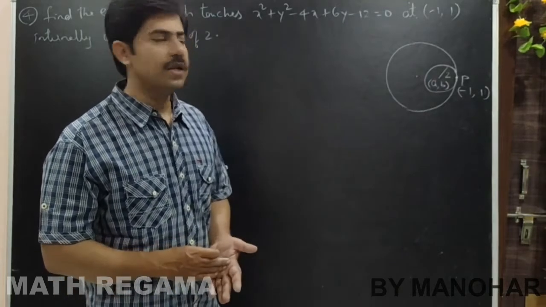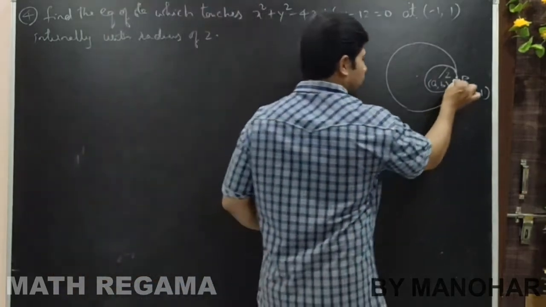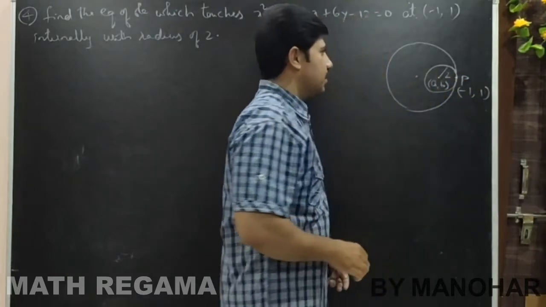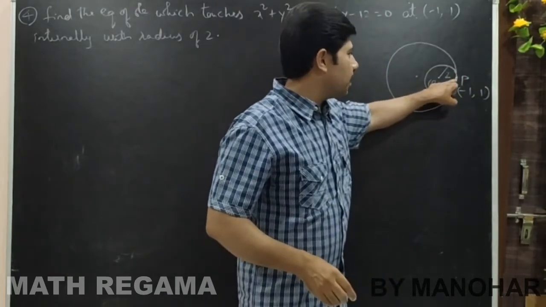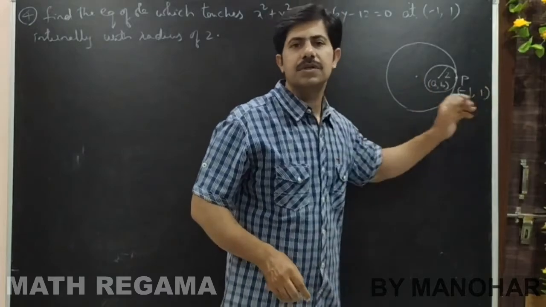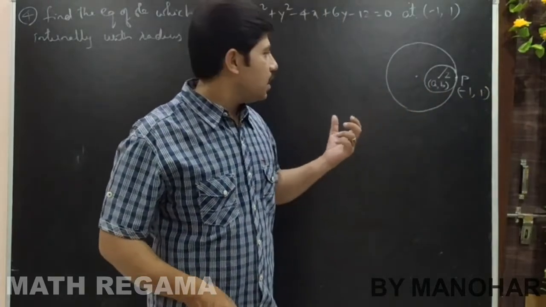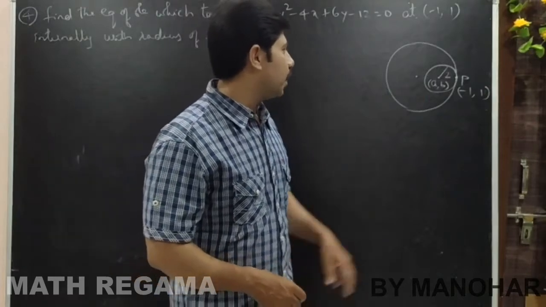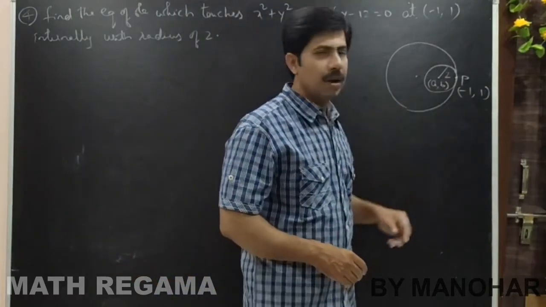Why is it called ECS? Because this point of contact lies away from the two centers. So this is called ECS. So here, using ECS, we have to find the center (a, b).